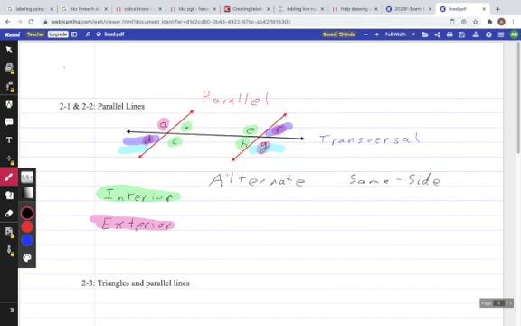In fact, alternate angles are always going to be congruent. So alternate interior angles are congruent, alternate exterior angles are congruent. Same side angles, they are always supplementary.